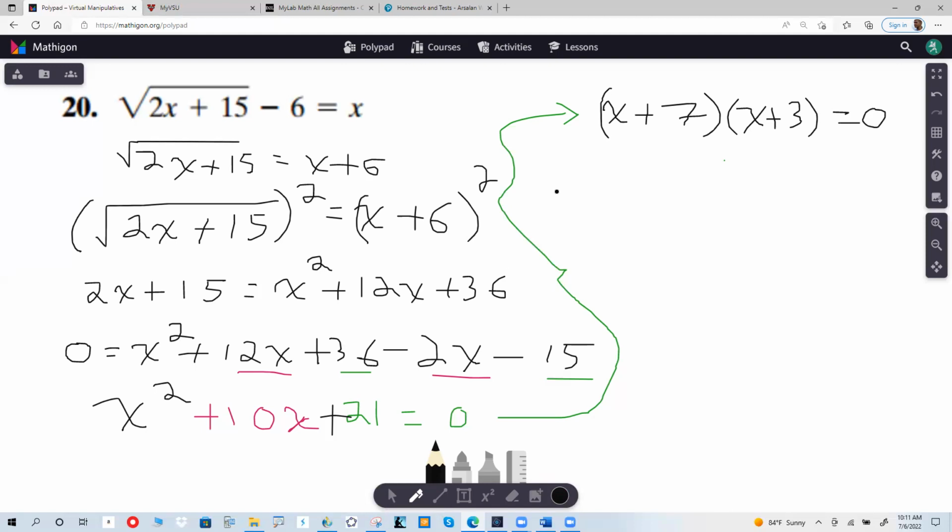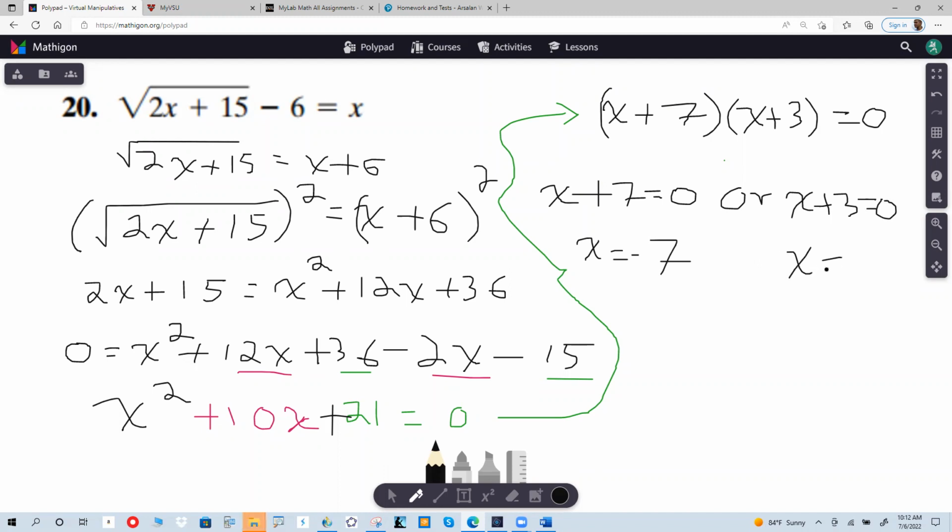Now, you're going to say either x plus 7 is 0, x is -7, or you can say x plus 3 is 0 and x is -3. Those are your two choices.